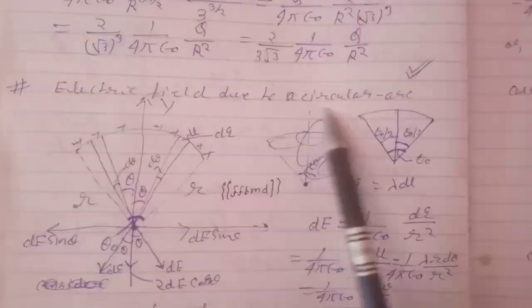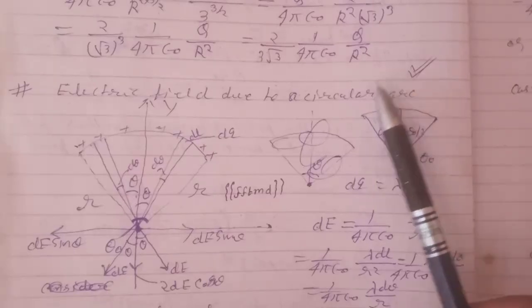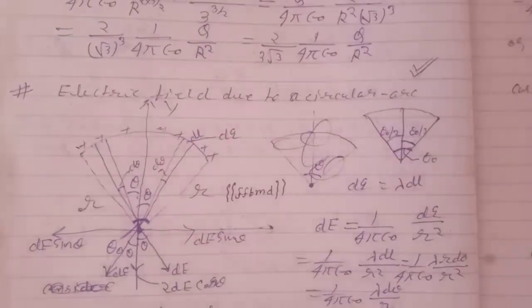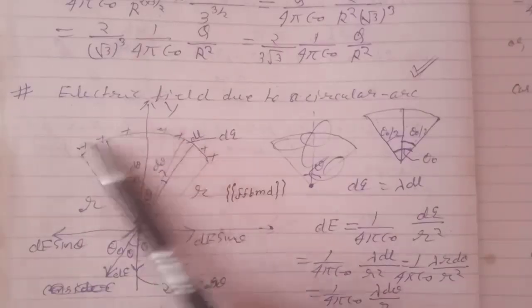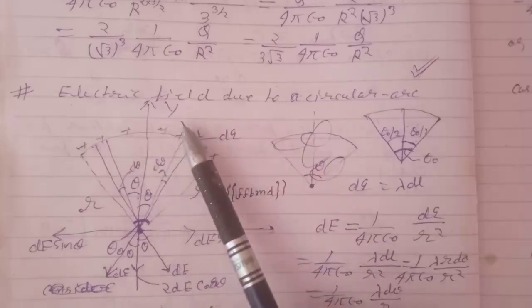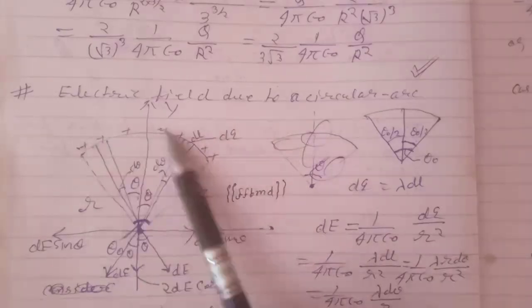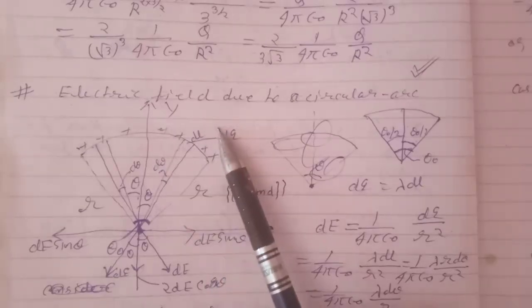Electric field due to a circular arc. Here a circular arc is shown with positive charge, and the total charge on this arc is given as q, and linear charge density is lambda.